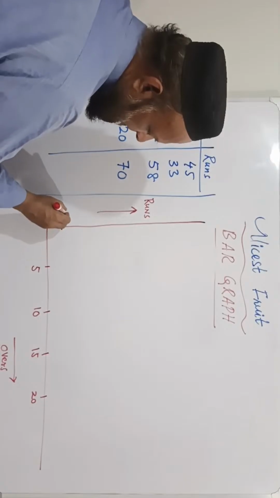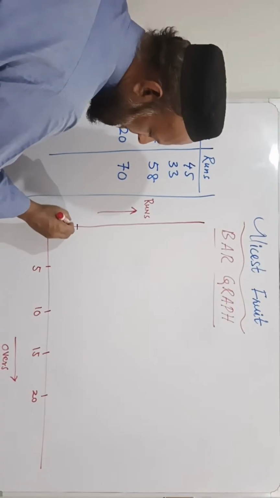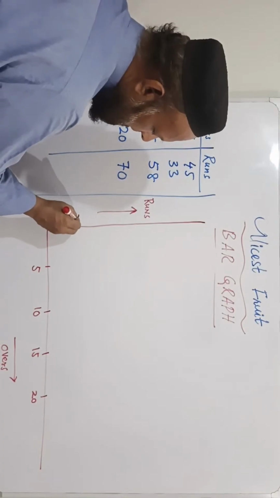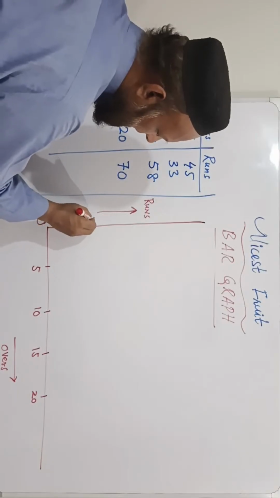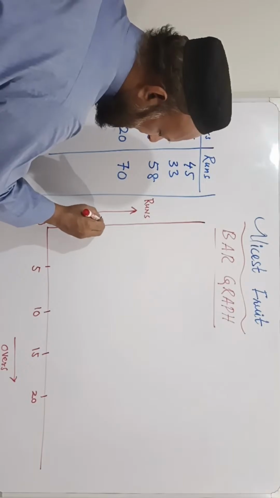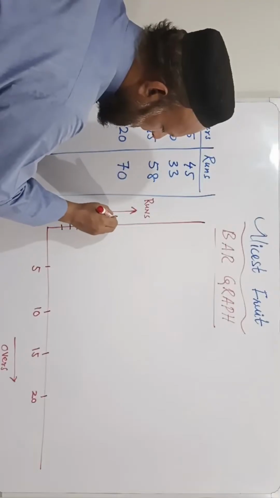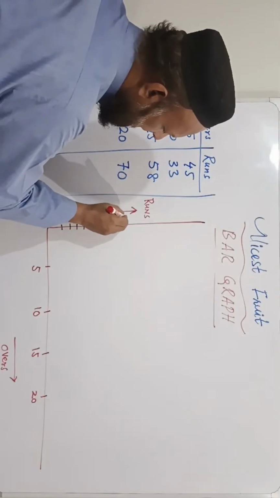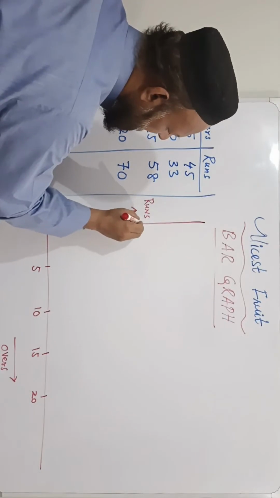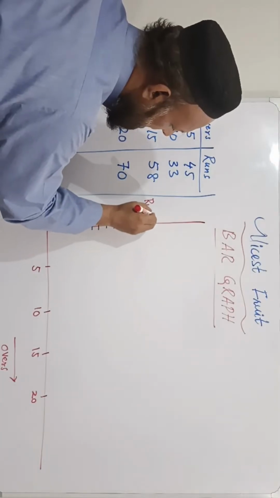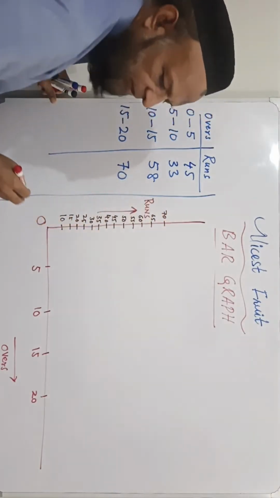So this is 10, this is 15, 20, 25, 30, 35, 40, 45, 50, 55, 60, 65, and say this is 70.